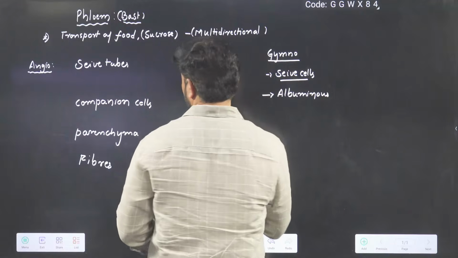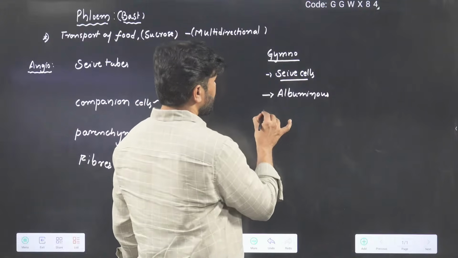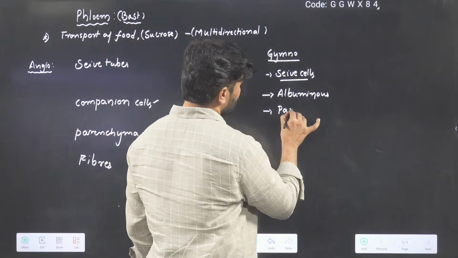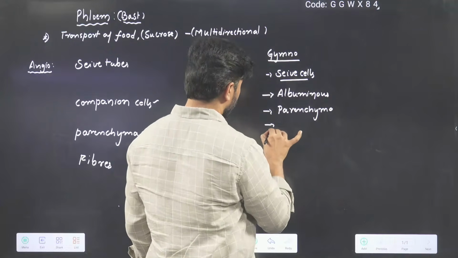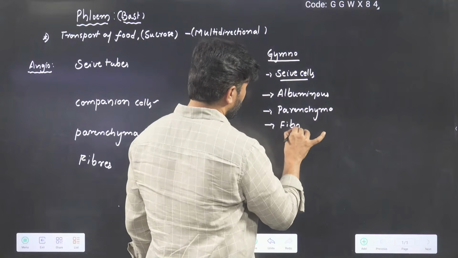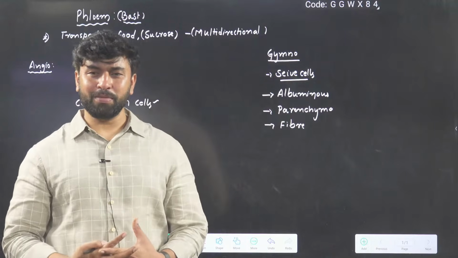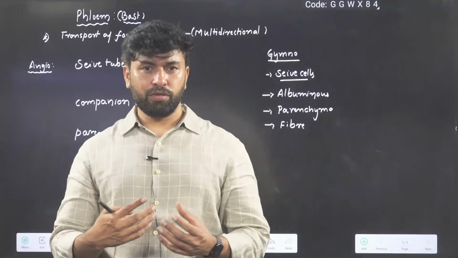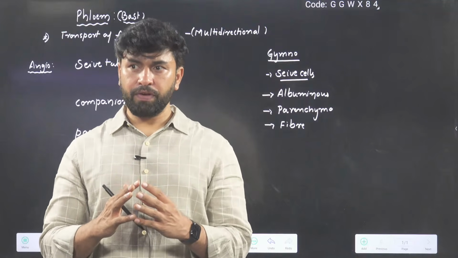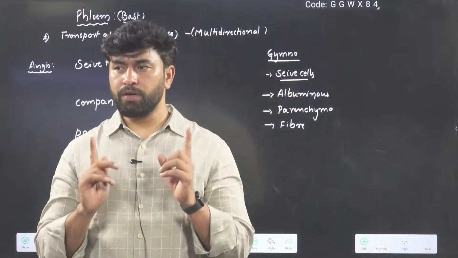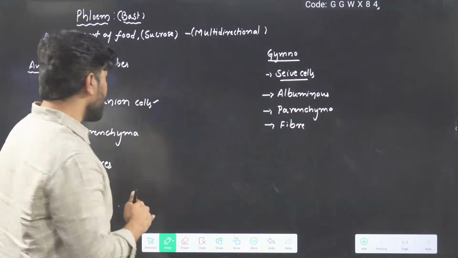The replacement of companion cells is the albuminous cell. Next, they have parenchyma as usual, and they even possess fibers. Mostly phloem fibers will be there, but xylem fiber in gymnosperms is a questionable thing. Most gymnosperms do not have fibers in their xylem, but phloem fibers will be there in most gymnosperms.